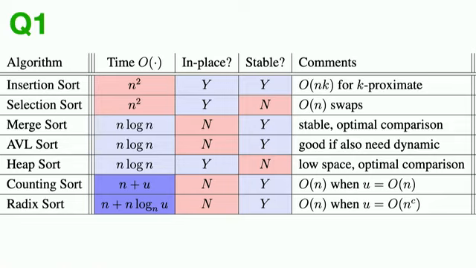So we leverage that direct access array to get counting sort, and then we kind of amplified that effect by sorting on a bunch of digits multiple times to get basically polynomial blow up in terms of the numbers that we could sort in linear time. Okay? So that's an overview of the content of quiz 1.